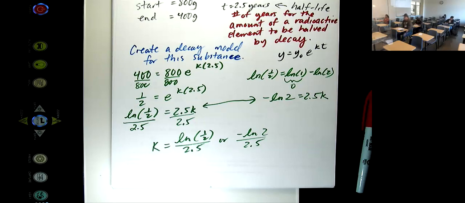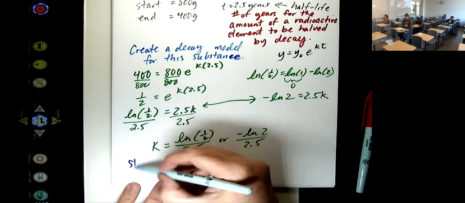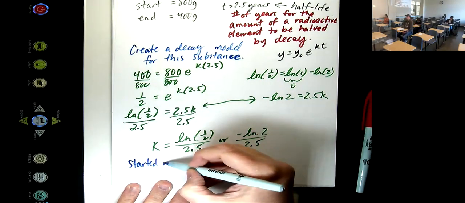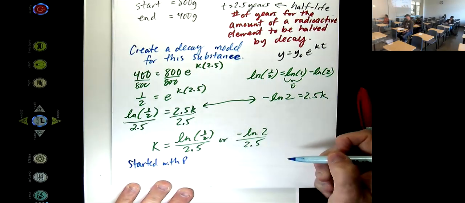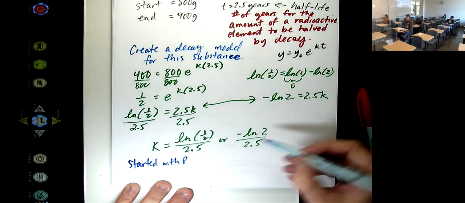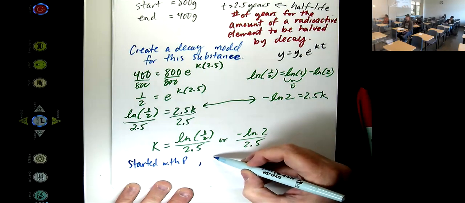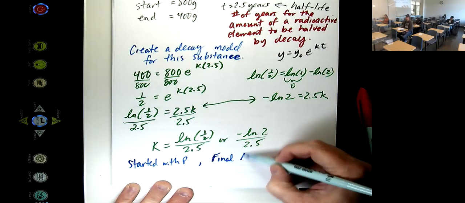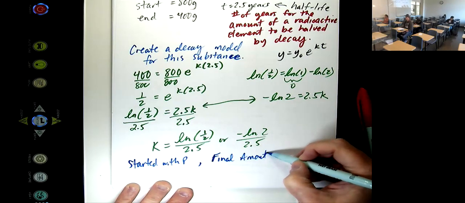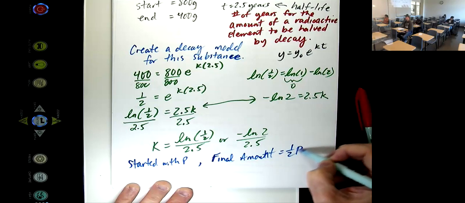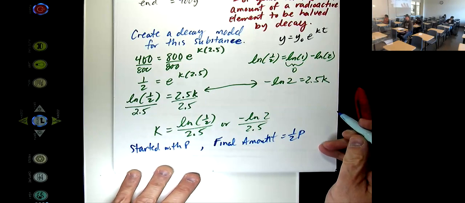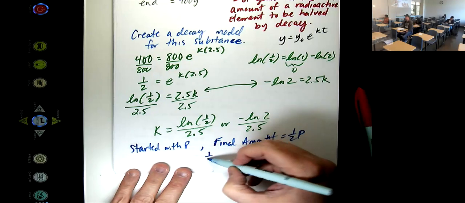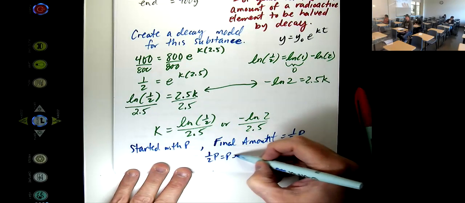Fun thing is, what if I didn't tell you how much it started with? What if I started with P? Finding half-life, the final amount is 1/2 P. So we have 1/2 P equals P e to the KT.